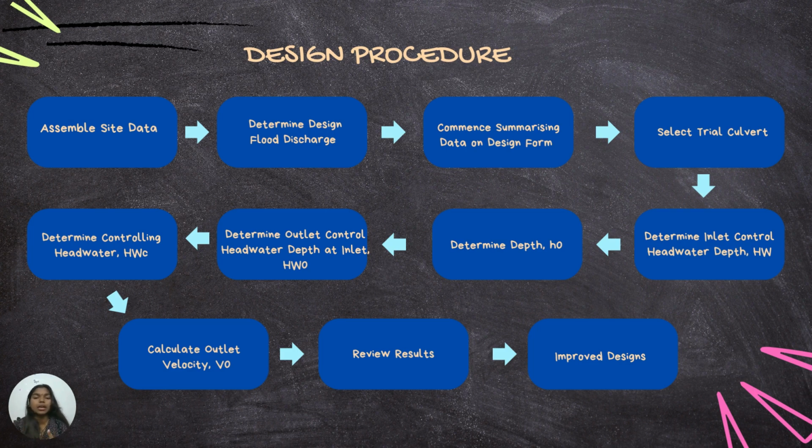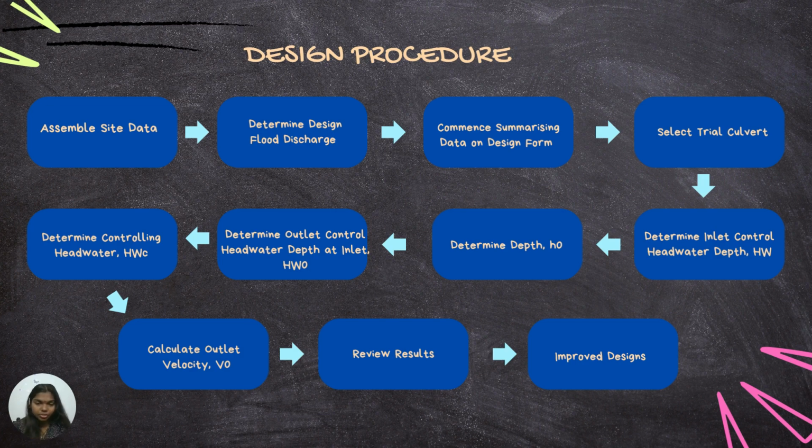Determine the inlet control headwater depth, HWi. Determine the outlet control headwater depth at the inlet, HWo. Determine the controlling headwater, HWc, and then we are going to calculate the outlet velocity, Vo, and then we are going to review the result, which is we are going to revisit it, and then improve the design if we have any kind of corrections.